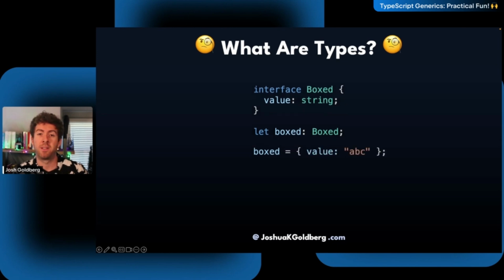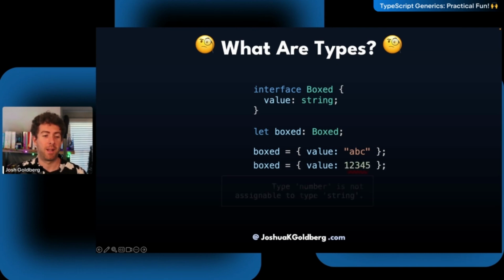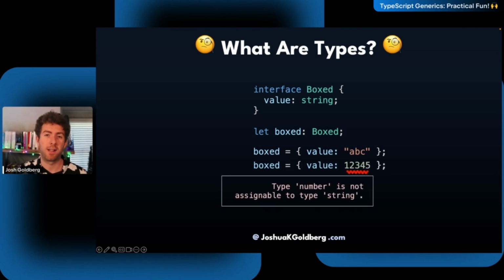Later on, if we, having said that a variable is type Boxed, assign it an object with value, say string ABC, that's okay, that's allowed, because we told TypeScript Boxed.value is string, and that's what we gave it. But if we then assign, say, a number, that's not allowed because that violates the contract.